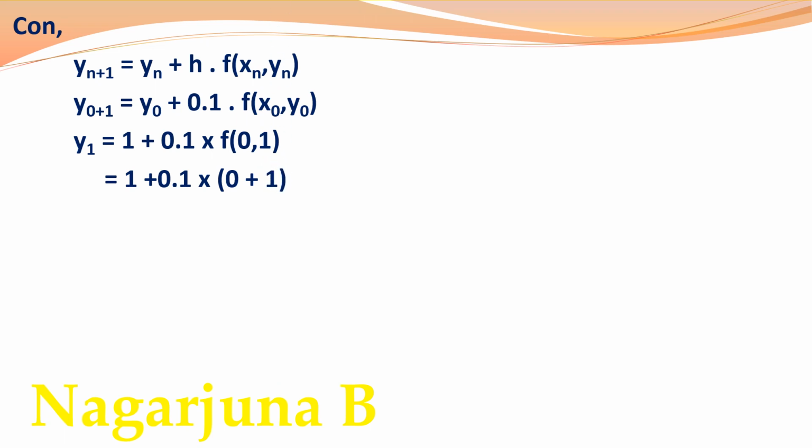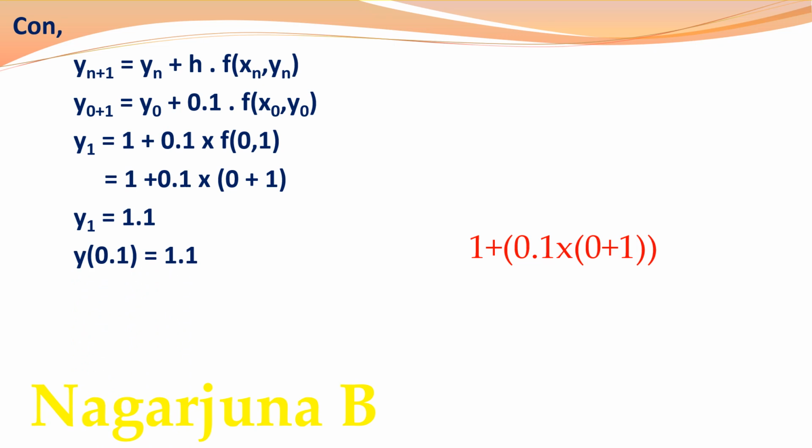This one in the calculator we can write 1 plus open the bracket 0.1 into open the bracket 0 plus 1, close the bracket, close the bracket. This will give the answer, and that answer is y1 equal to 1.1. That is y of 0.1 is equal to 1.1.